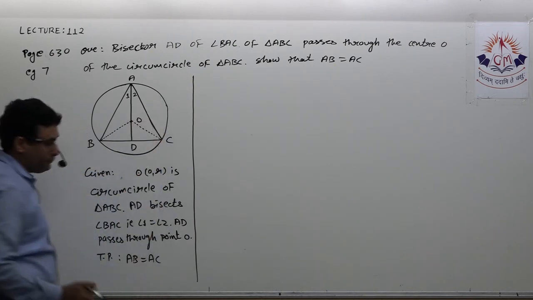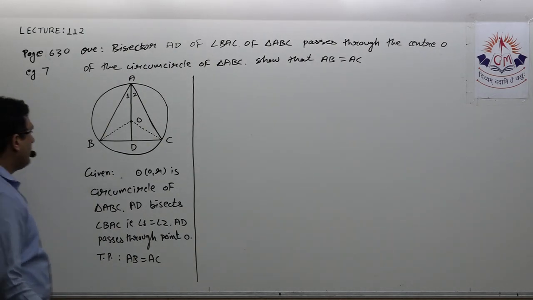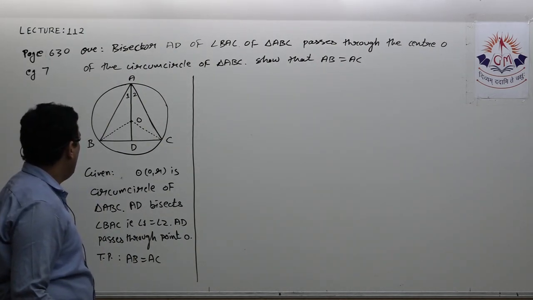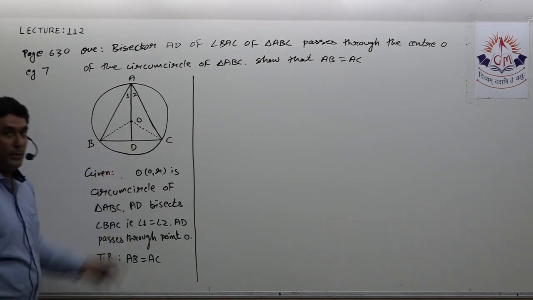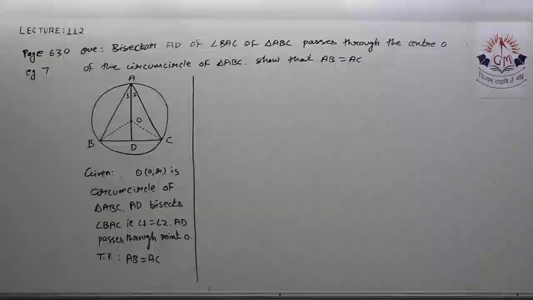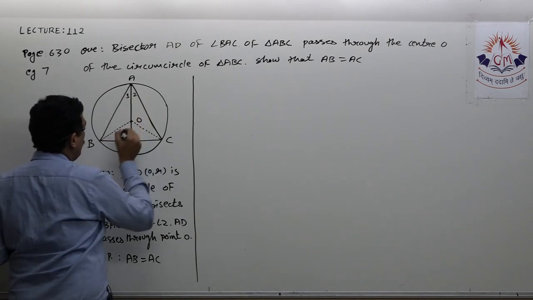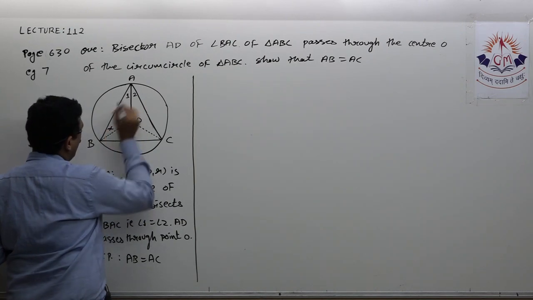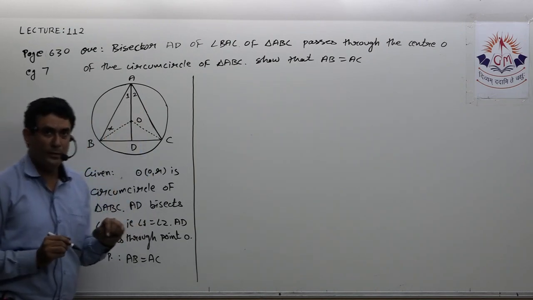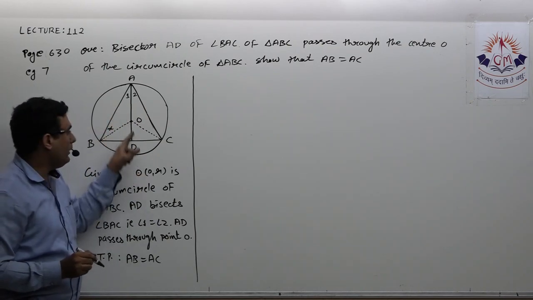Now see here I can say BO is equal to CO, so I can say these two angles will be equal. In triangle BOA, I can say BO equal to AO. For a while, let me say this angle is X. So angle X is equal to angle 1, because in a triangle, if two sides are equal, opposite angles are equal.